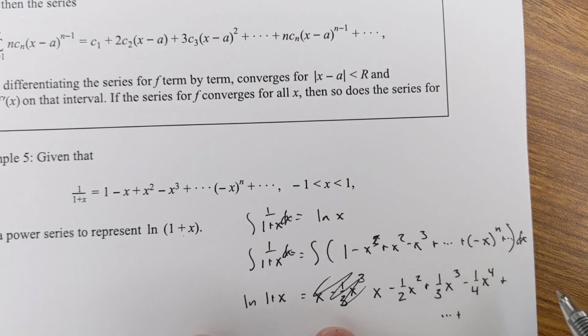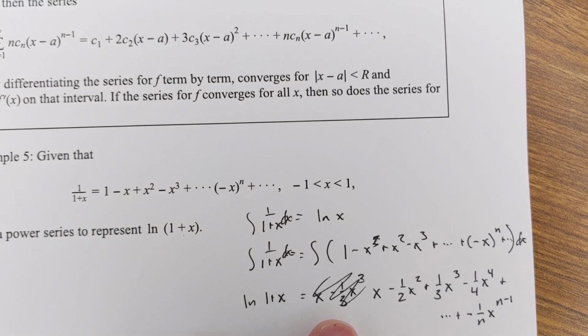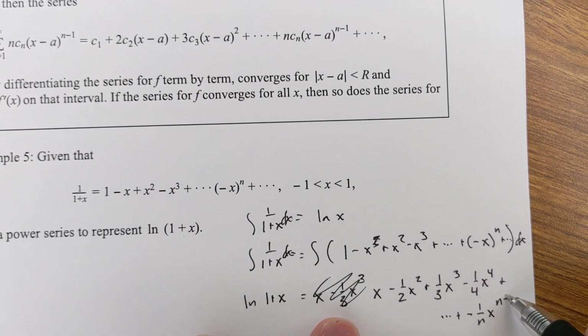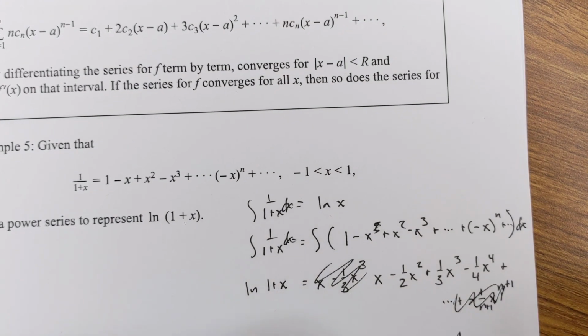So this term is going to be negative 1 to the n plus 1 over n, x to the n. Here, we'll write it better so you can see clear.